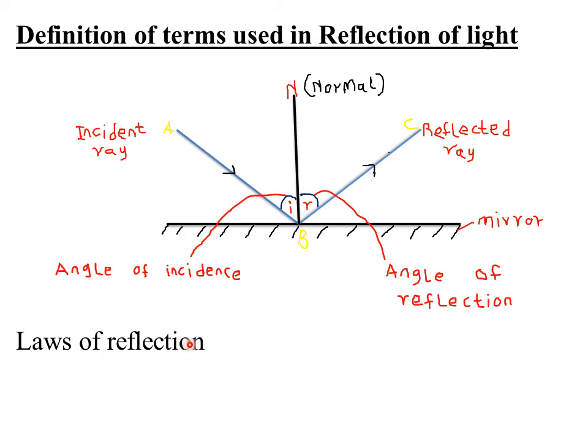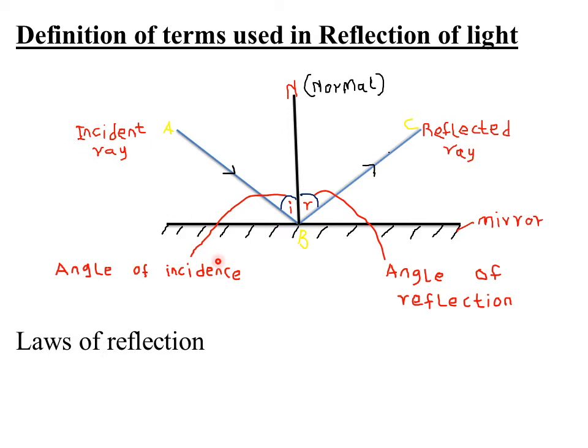Then the second law of reflection simply states that the incident ray, the reflected ray and the normal at the point of incidence all lie on the same plane.